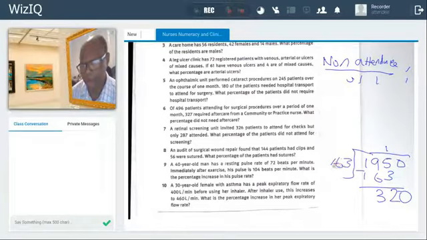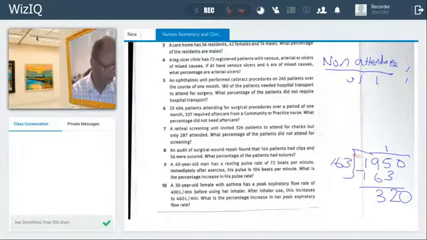If I double this, what would it become? 2 times 3 is 6. 2 times 6. Hold on. Double check here. It's 1950.